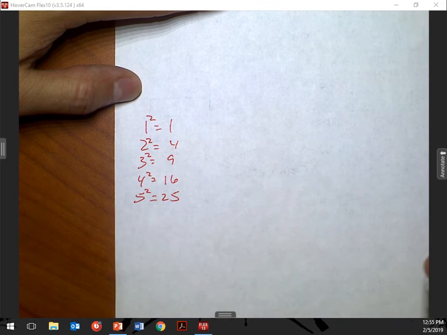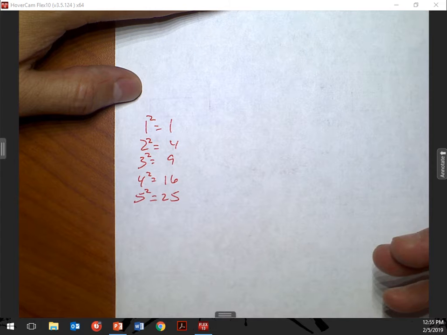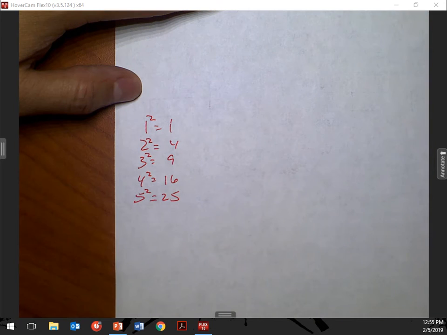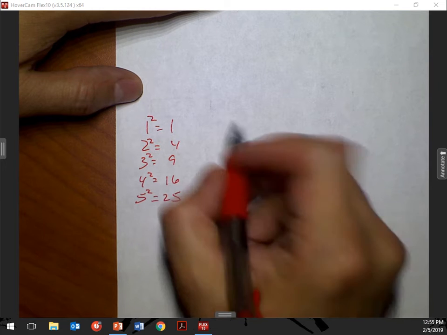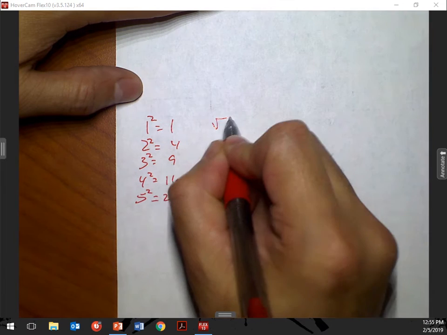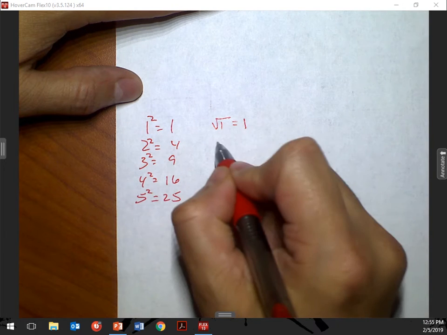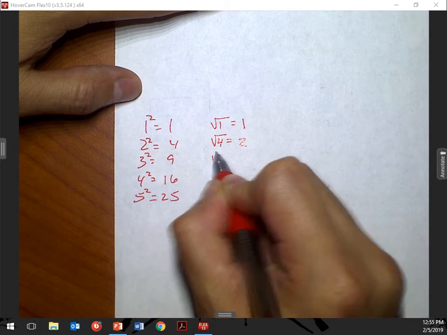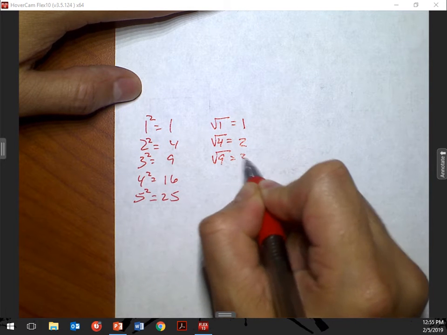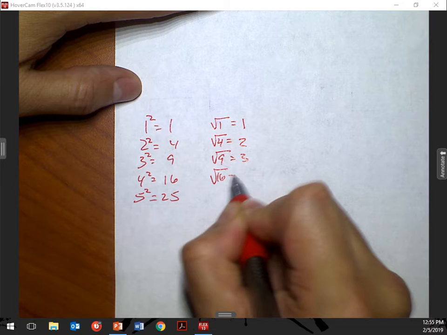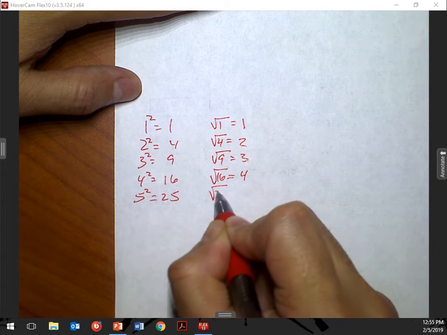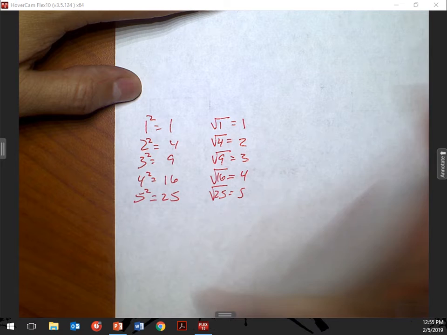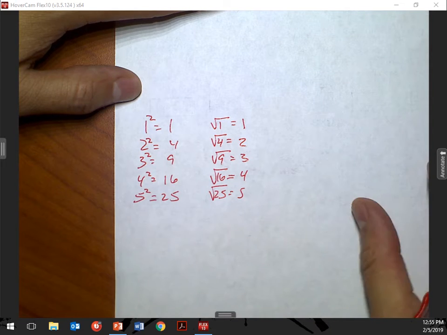You know the pattern, right? To undo a square, you square root. So the square root of 1 equals 1, the square root of 4 equals 2, the square root of 9 is 3, the square root of 16 is 4, the square root of 25 is 5, and so on. Do you guys need this for your own records? Then go ahead.